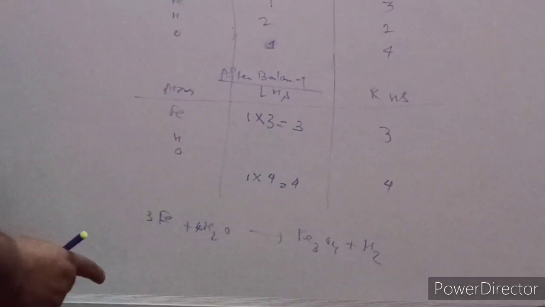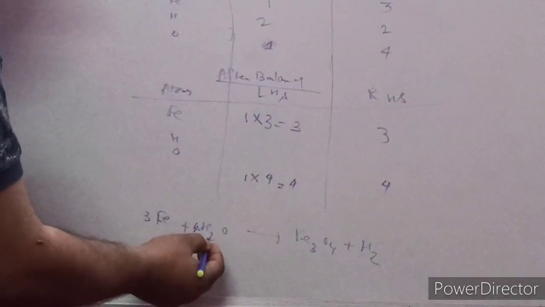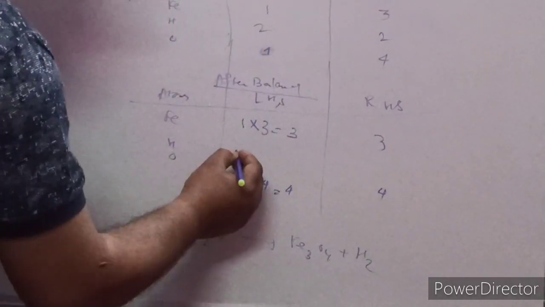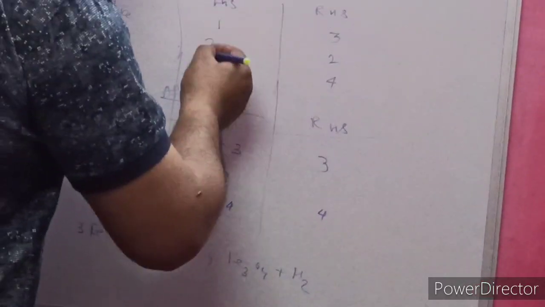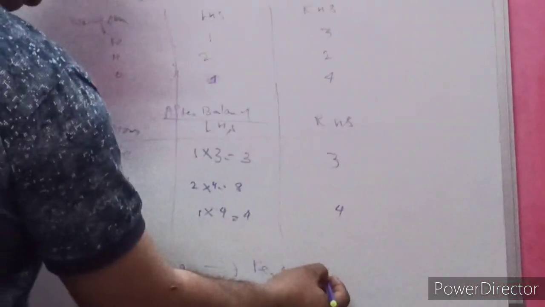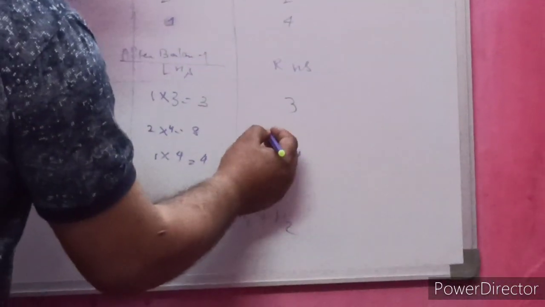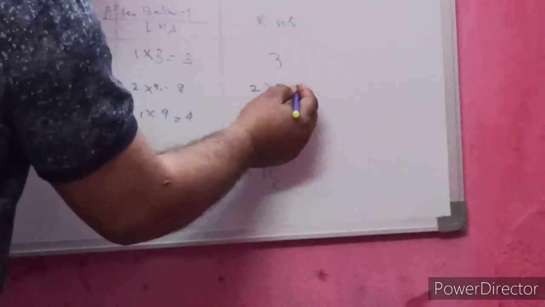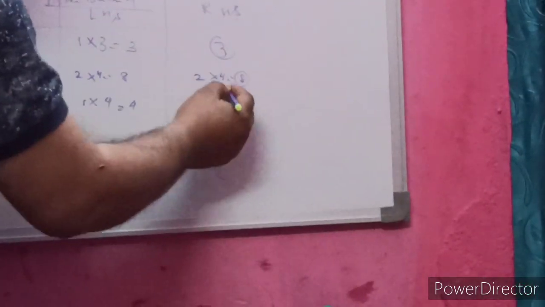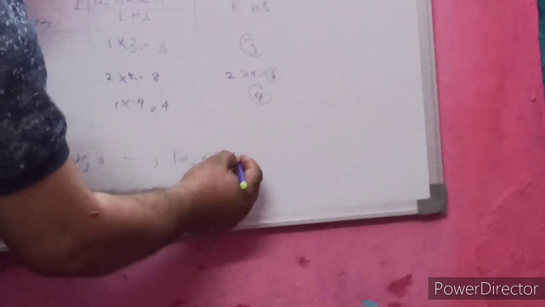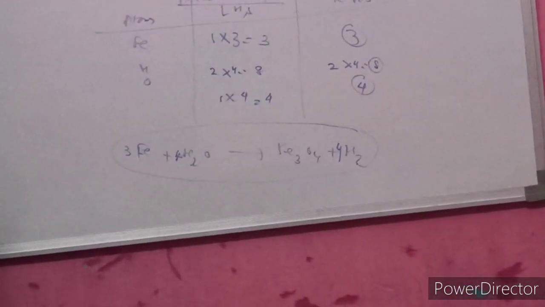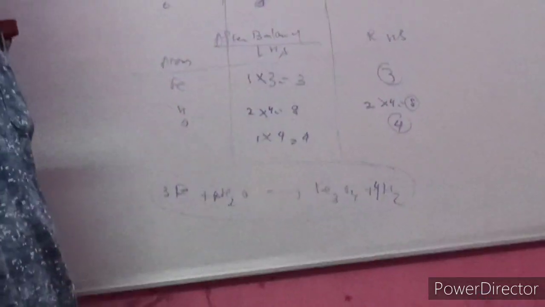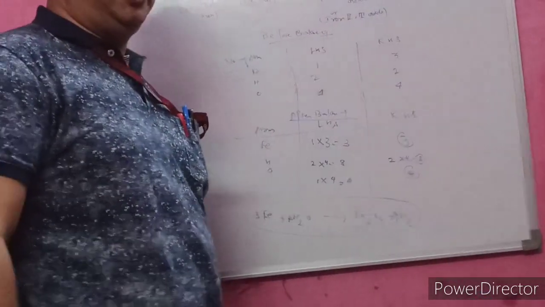Now by doing this, the hydrogen becomes 8 on the left, while here it was only 2 hydrogen, so 2 times 4 gives 8. Now you can see it is 3Fe plus 4H2O gives Fe3O4 plus 4H2. So this is a balanced chemical equation. This way we can learn the balancing of chemical equations.